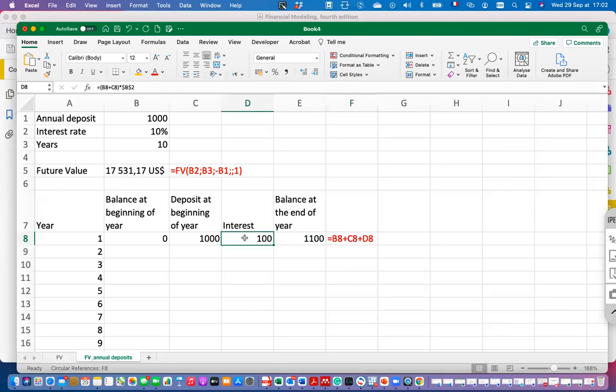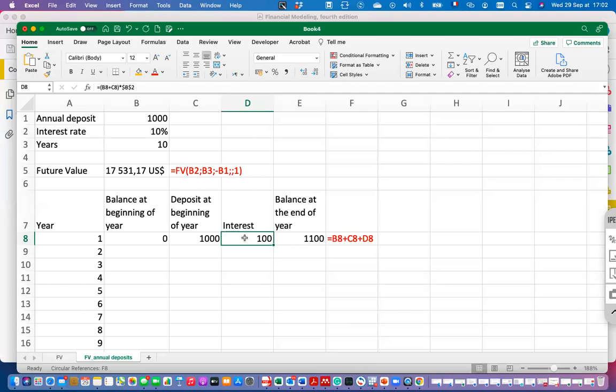Okay, so the interest is equal to, let me just speak generally. You will apply the interest on the amount of money you are investing at the beginning of year, because you will receive the interest by the end of the year, right? So by the beginning of the year, you have two sources of money. You have the money you already put in your account, right?